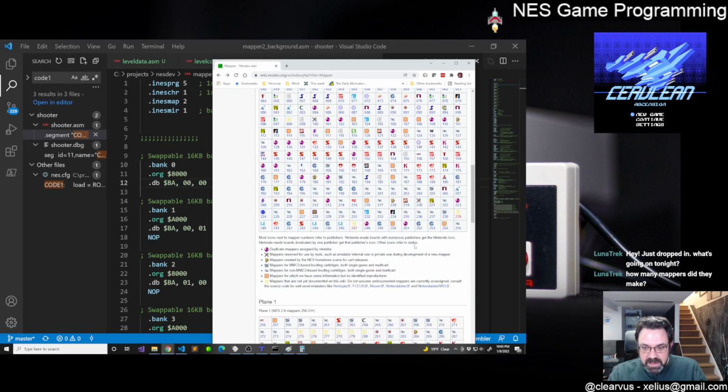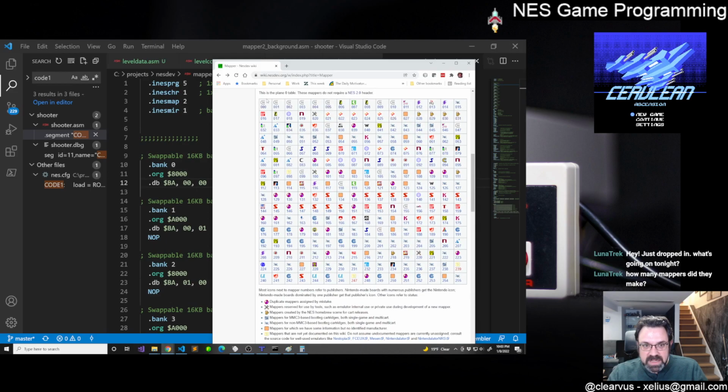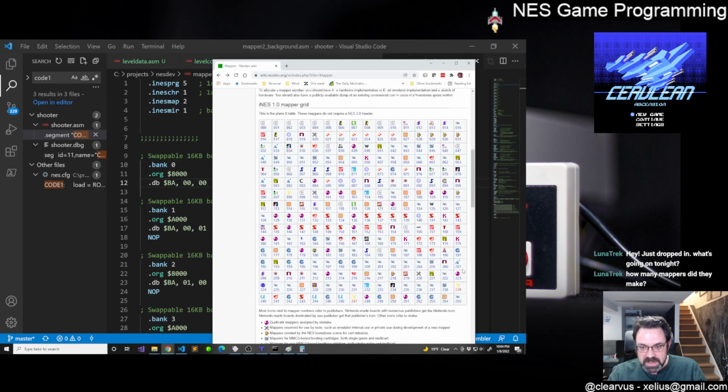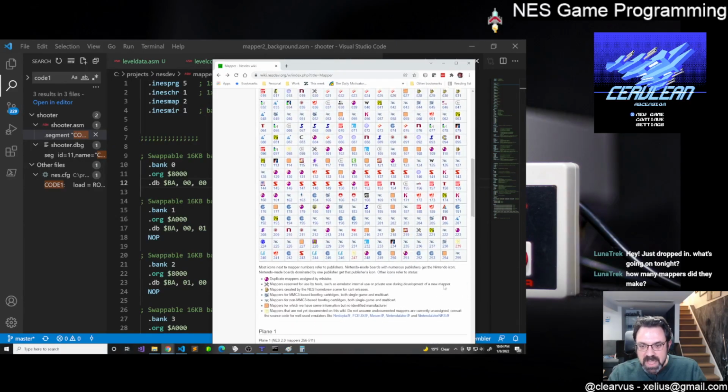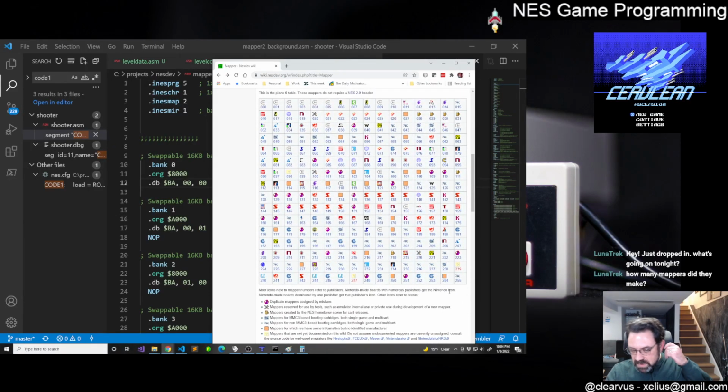Well, let's look at the list here. How many is this across and down? Oh, it is 256. So this is 256 mappers here. I wasn't sure if there were any that were skipped, so that's why I was counting.